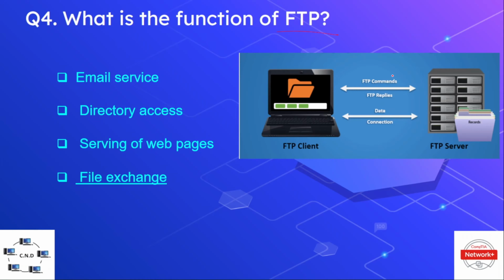Two different port numbers are used for these connections. If I remember correctly, one port is port number 20 and the second is port number 21. So TCP ports 20 and 21 are used for these two connections.